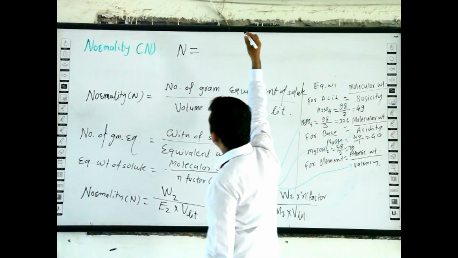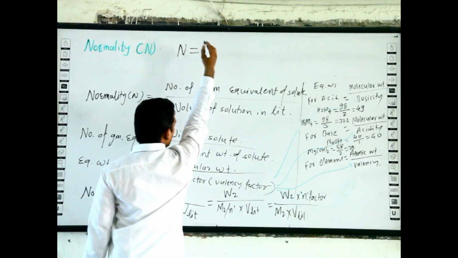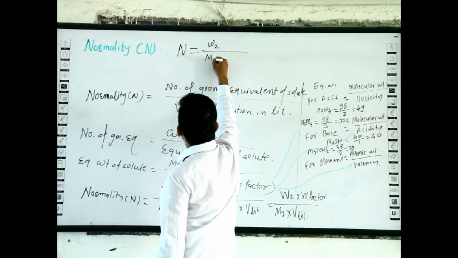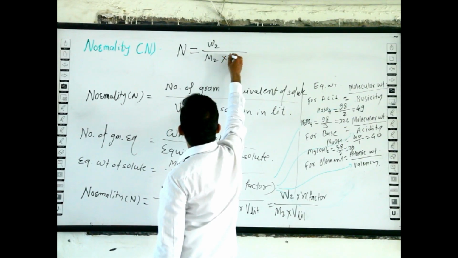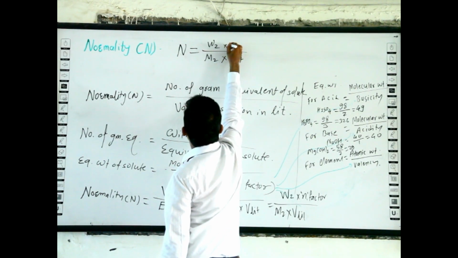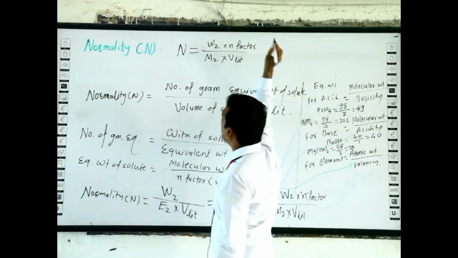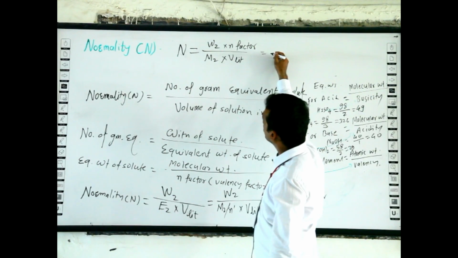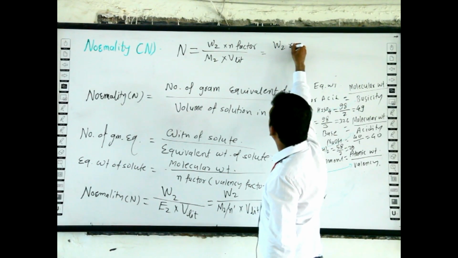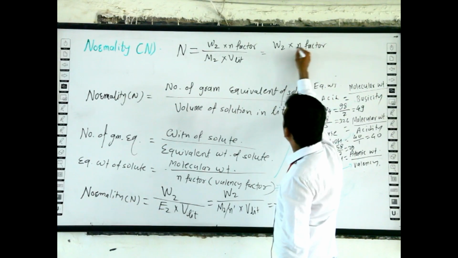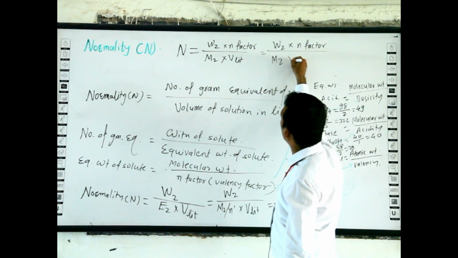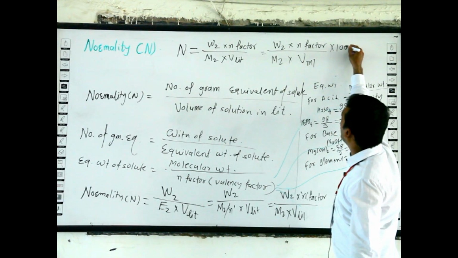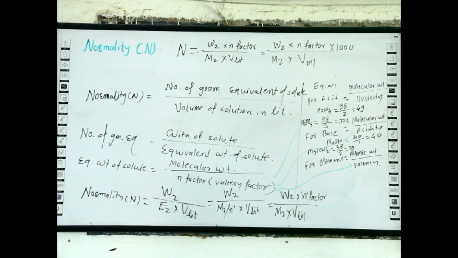N is equal to W2 divided by M2 into V liter into N factor, equal to W2 into N factor divided by M2 into V in ml, then here is the multiplier, that is 1000.